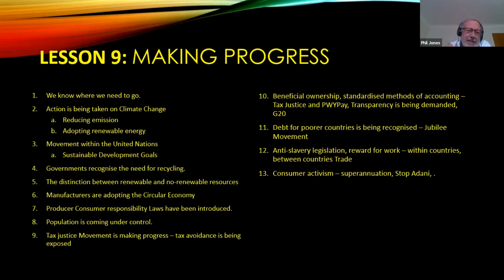People in the United Nations are conscious of it, so governments are to some extent conscious of it. Governments recognise the need for recycling. Students distinguish clearly, easily between renewable and non-renewable resources. Anyway, there's a whole lot of things which are happening, which are good.